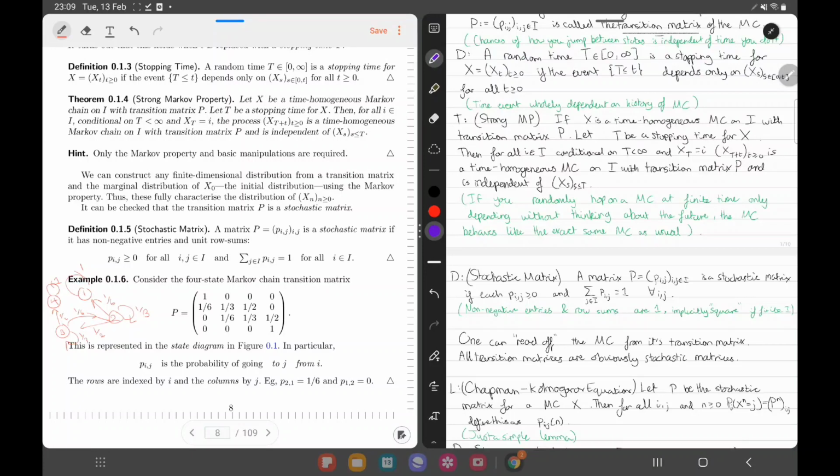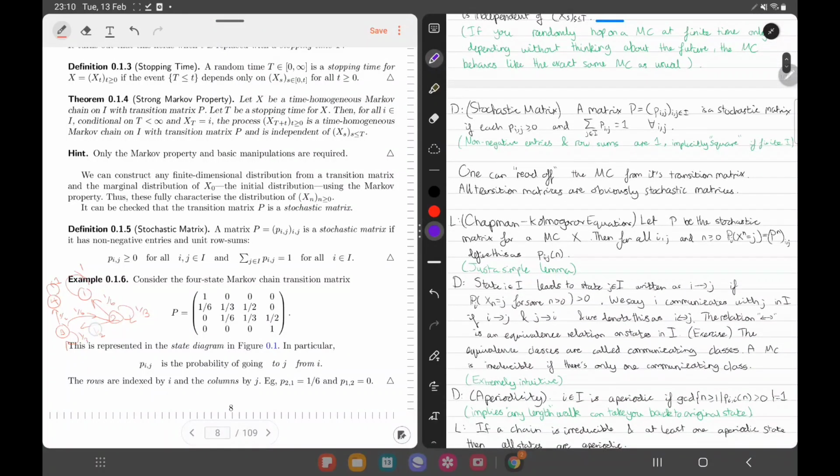What really matters is the difference in time. So if I'm thinking maybe 3 seconds in the future, that's really the only difference, as opposed to if it was at time t equals 6 and time t equals 9, which is still 3 seconds in the future.